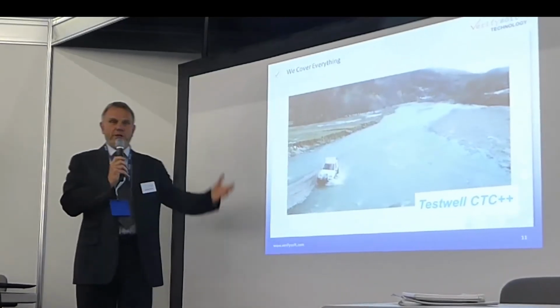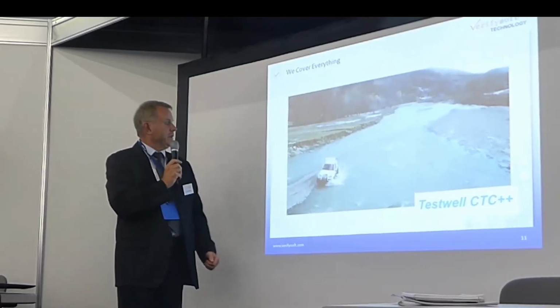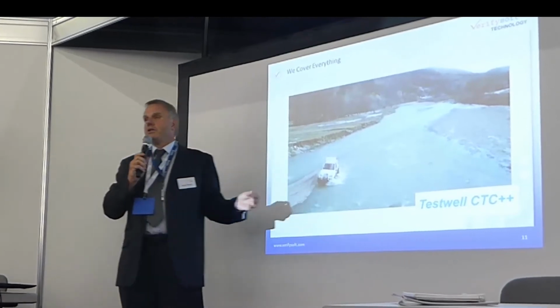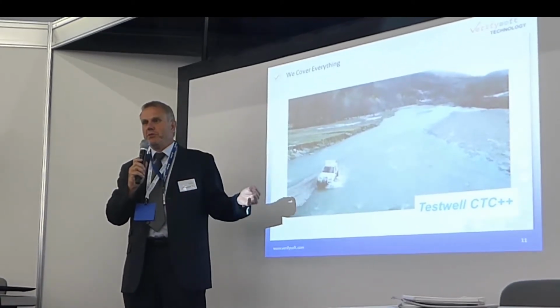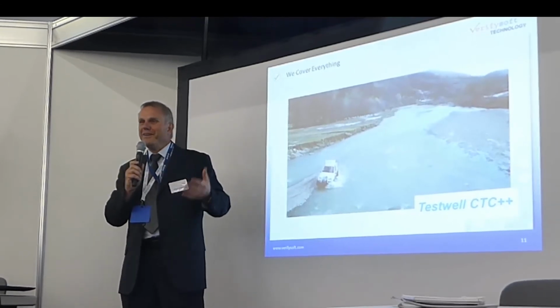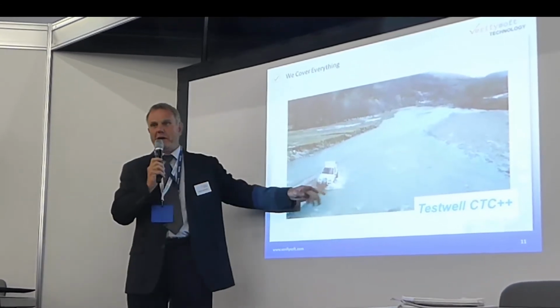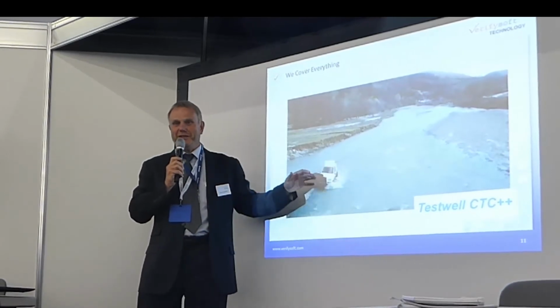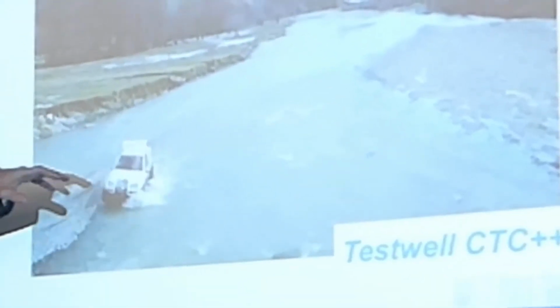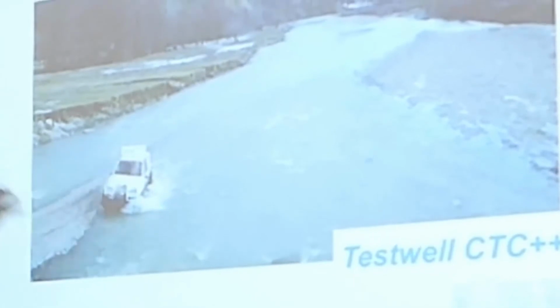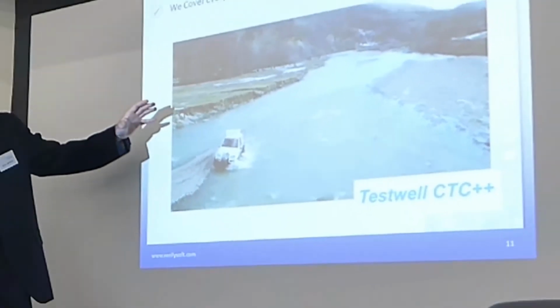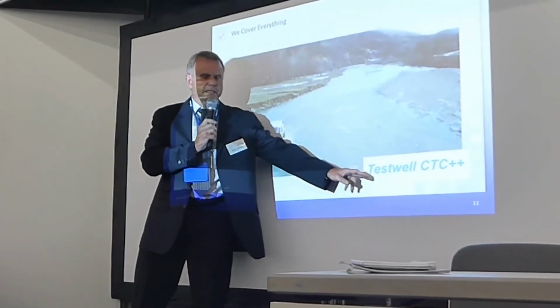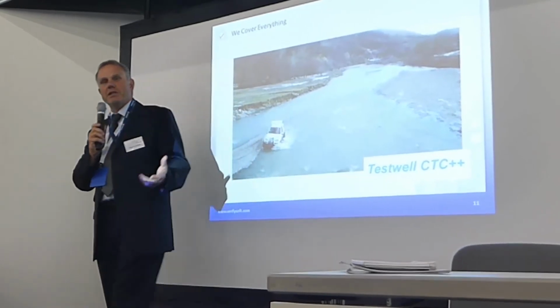So, what's this picture? It's an off-road vehicle. Our customers compare Testwell CTC++ to an off-road vehicle because it can go on the motorway if you want, but also it can go in the desert, in the fields, even in water. It goes everywhere. And our customer tells that Testwell CTC++ is something like that.